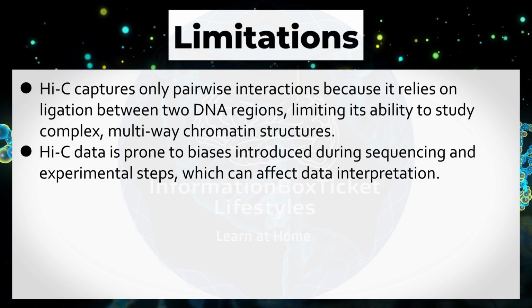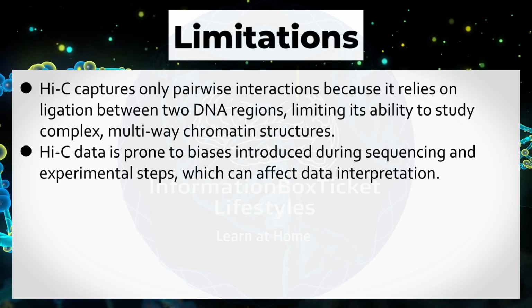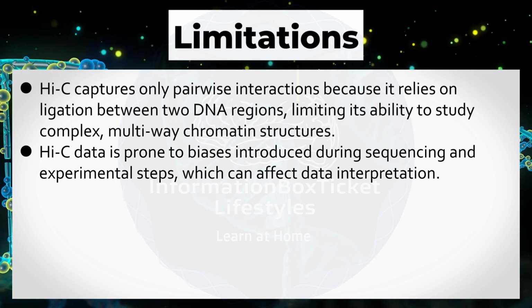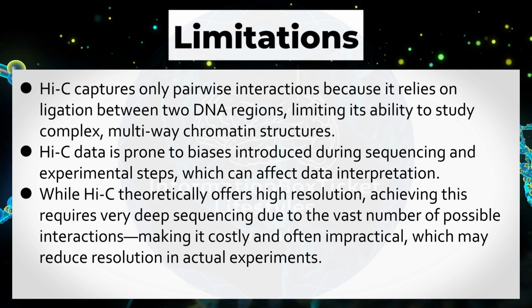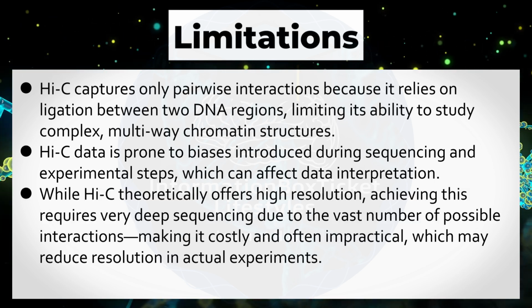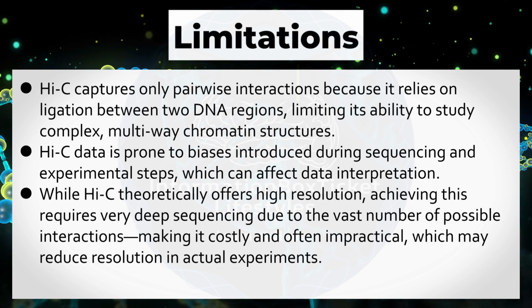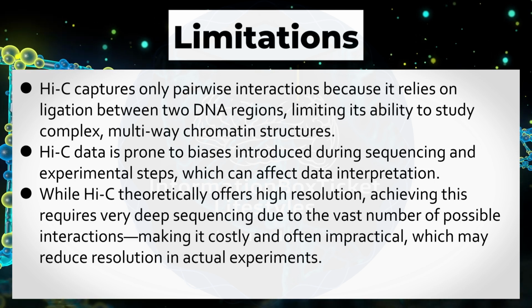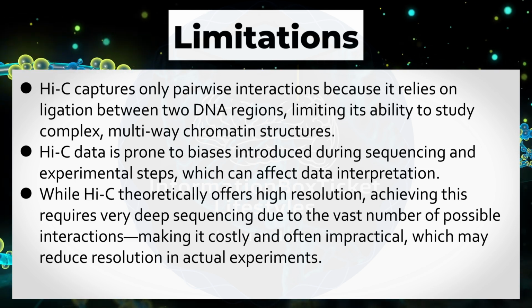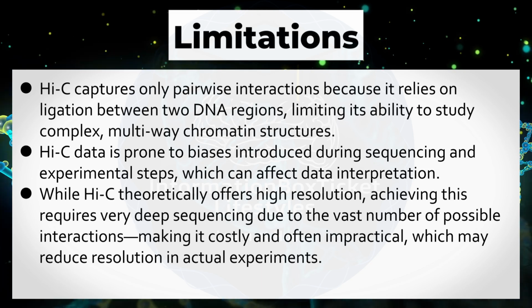Hi-C data is prone to biases introduced during sequencing and experimental steps, which can affect data interpretation. While Hi-C theoretically offers high resolution, achieving this requires very deep sequencing due to the vast number of possible interactions, making it costly and often impractical, which may reduce resolution in actual experiments.